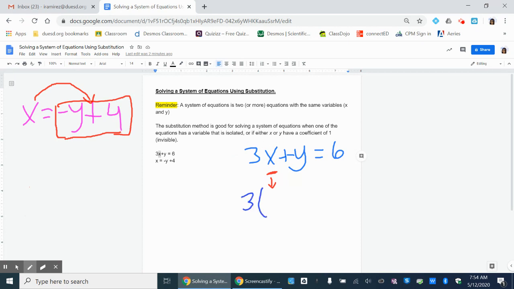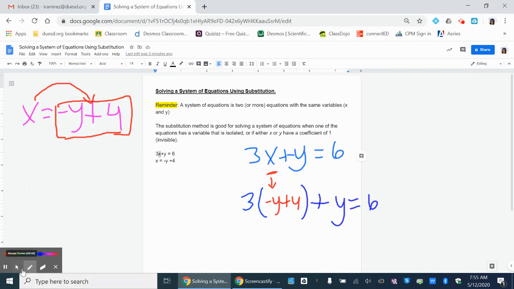So I am going to put all of this, negative y plus 4, in parentheses. This parentheses also means to multiply. So that's what I'm doing there. Then plus y equals 6. Everything in the first equation is staying the same, except I replaced x with what it equals, because x equals negative y plus 4.